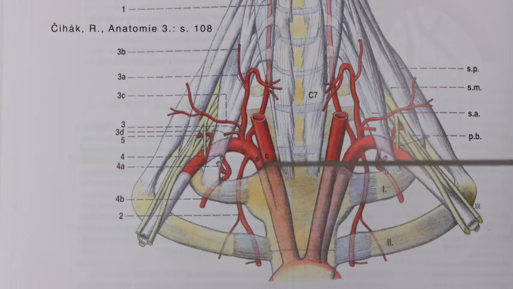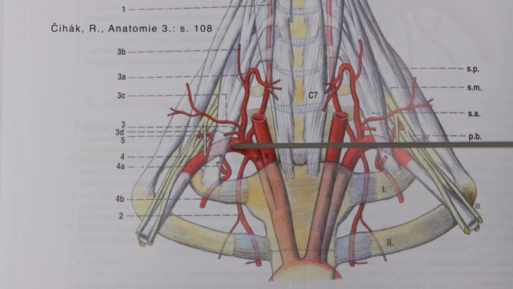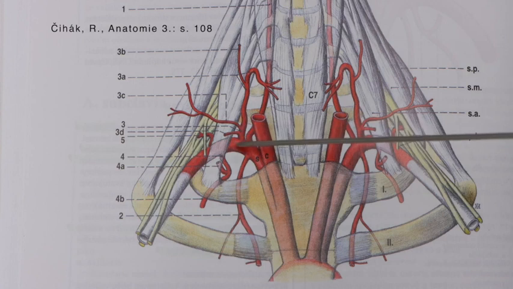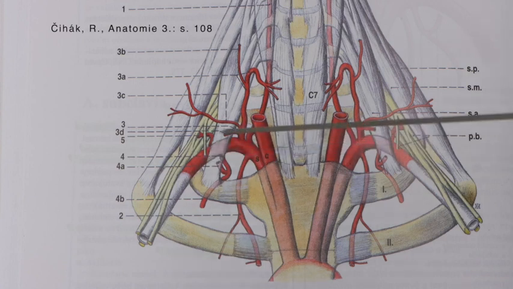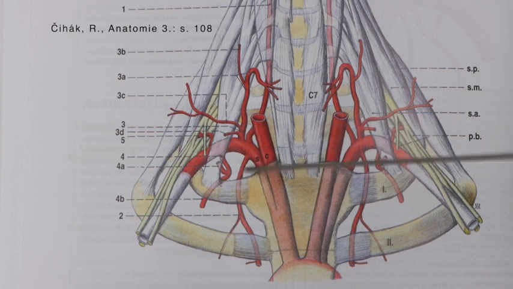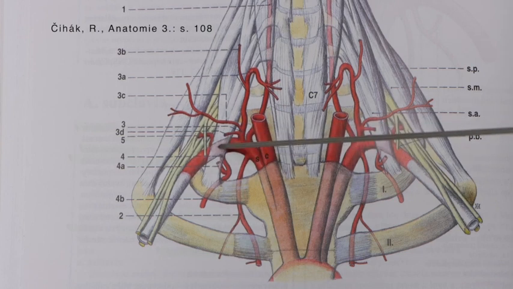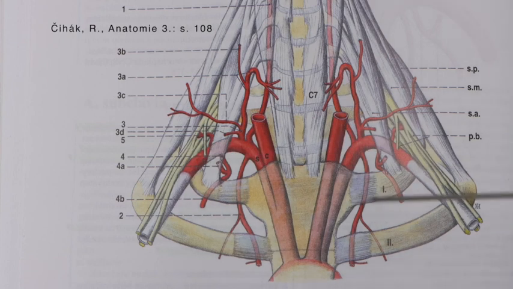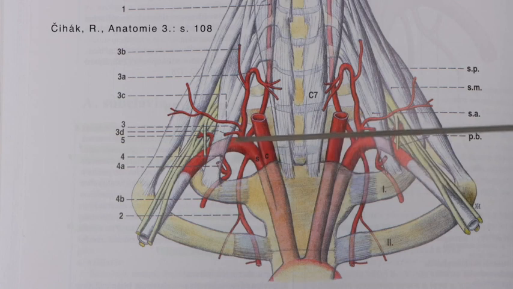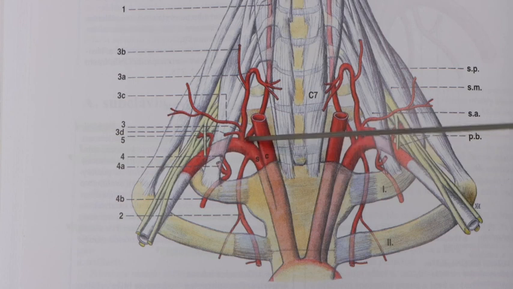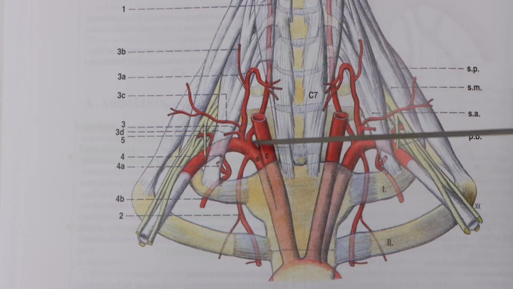If you remember, the subclavian artery passes through the scalene fissure between the anterior and middle scalene muscles. We divide it into three parts: the prescalene part, which is before entering the scalene fissure, the interscalene part, which is inside the fissure, and the extrascalene part. The artery arising immediately here is the vertebral artery that we discussed.